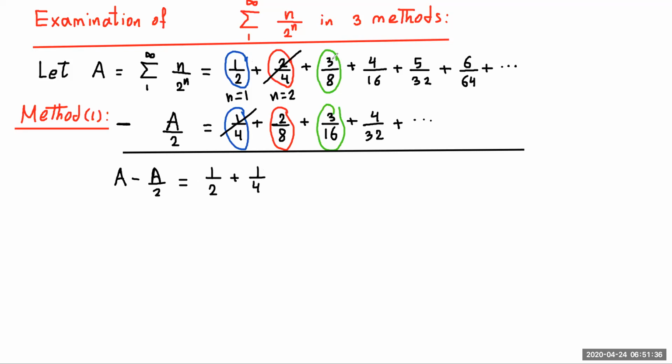Now 3 over 8 minus 2 over 8, 1 over 8, plus 4 over 16 minus 3 over 16, 1 over 16, plus etc.